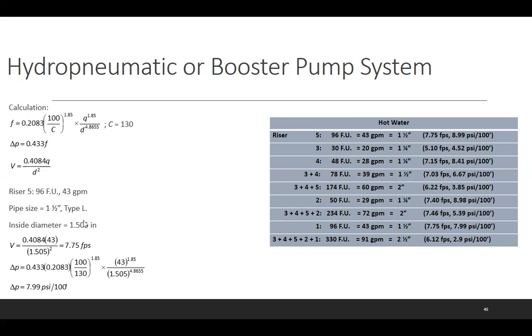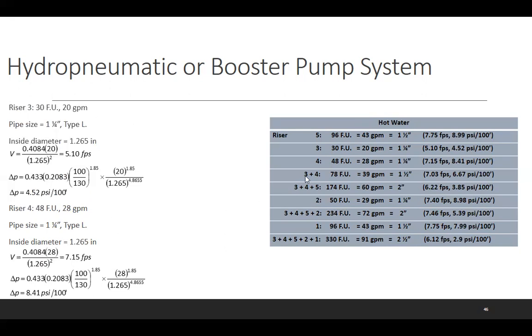So, hindi ko nabasa yung operation. Riser 3, 30 FU, 20 GPM, 1 1/4. So, its diameter 1.265, velocity is 5.1. Delta P is magiging 4.52 PSI.